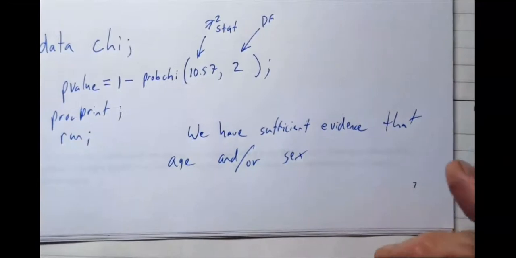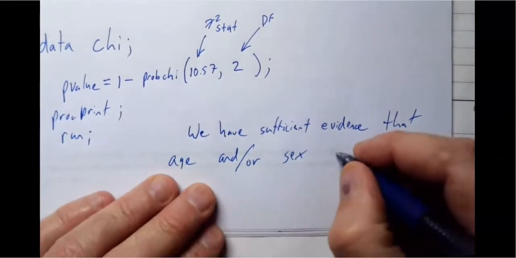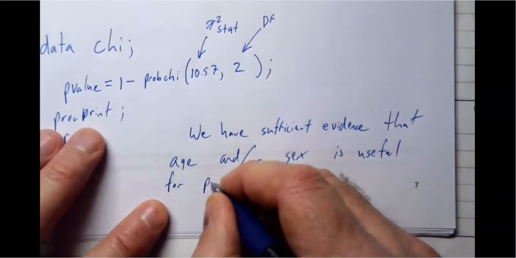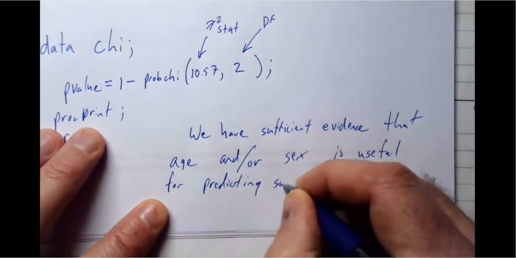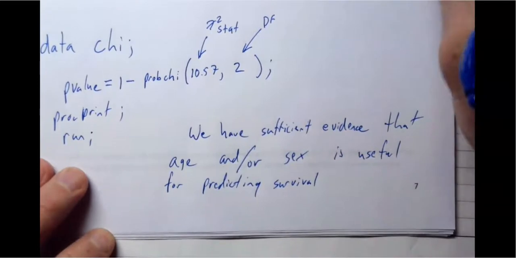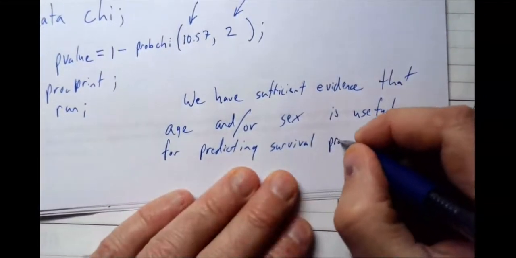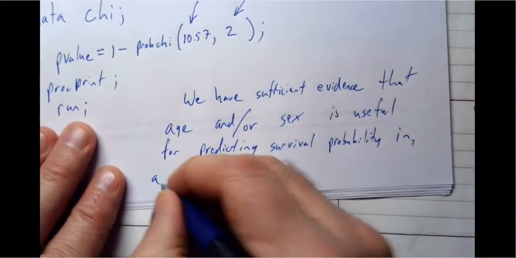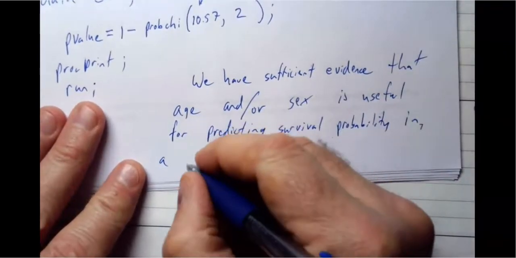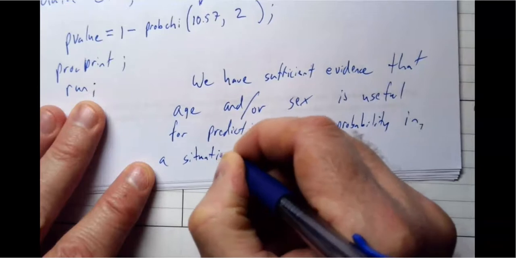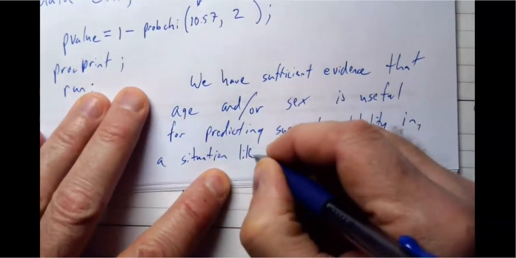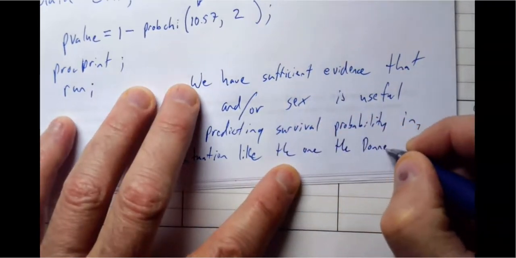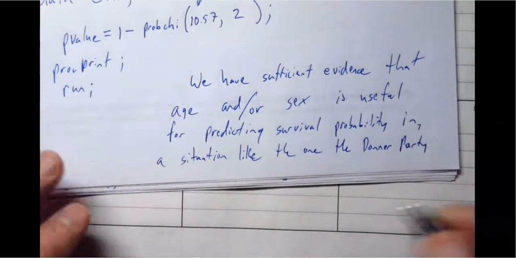This test doesn't tell us which one, it just tells us at least one of them is useful, not always, but in a situation like the one the Donner Party was in.